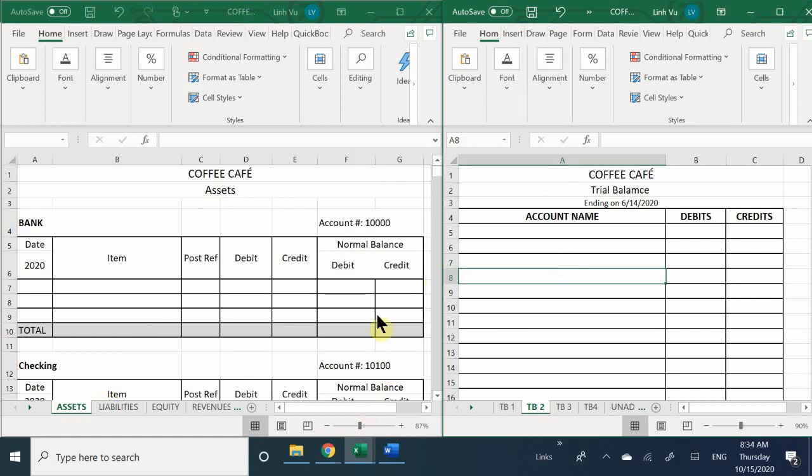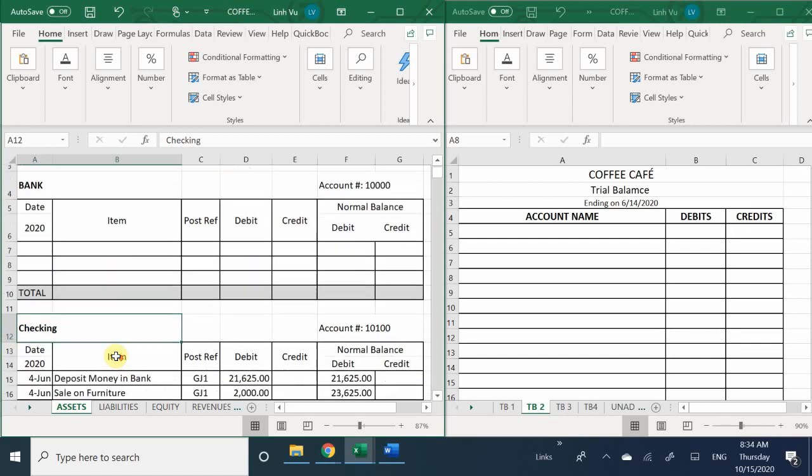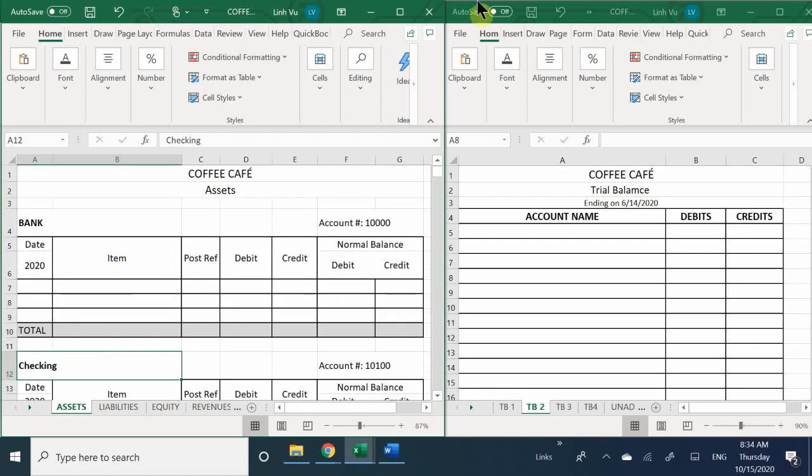How we fill out our trial balance is we go through every single account that exists with a balance in the general ledger. The best way to do it is to do the main account and then the sub account right underneath it.